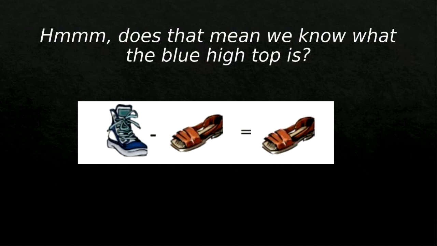When I subtract 4, I have to equal 4. So what number minus 4 equals 4? Look at what you have left. Yep, 8 minus 4 equals 4. So the blue high top is a 4.